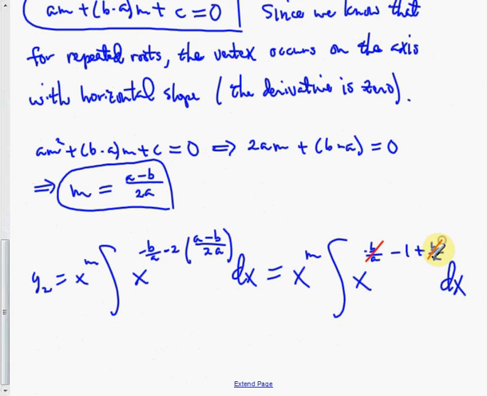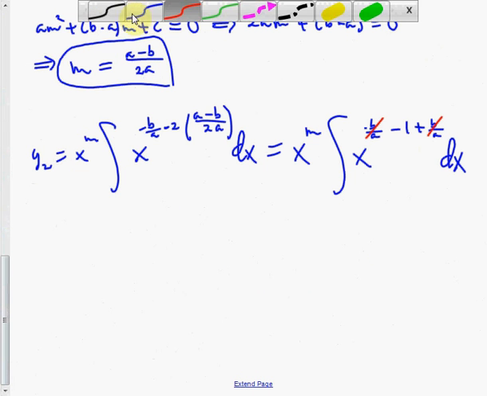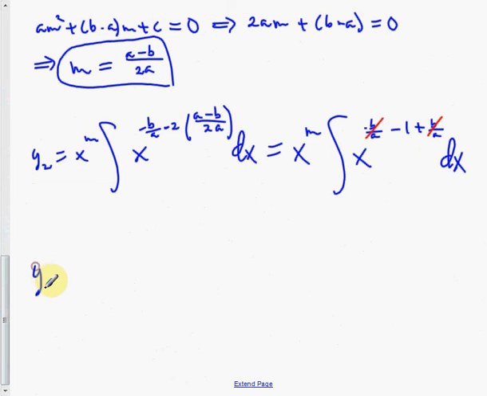Well, they cancel. The minus b over a and the b over a cancel out. So I have left y sub 2 is equal to x to the m times the integral of x to the negative 1 dx. Well, that's just the integral of 1 over x. Well, that's just the natural log of x. That's where the natural log of x comes from.